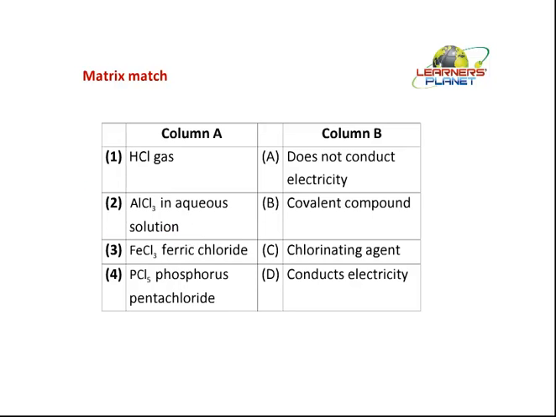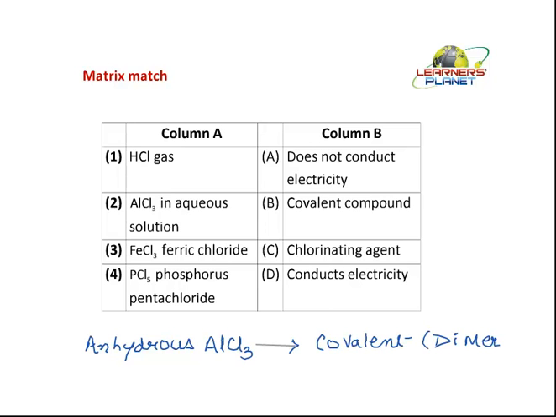Anhydrous aluminium chloride is covalent, and it exists as a dimer.